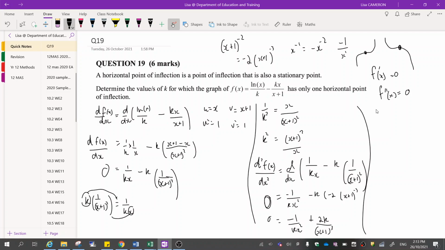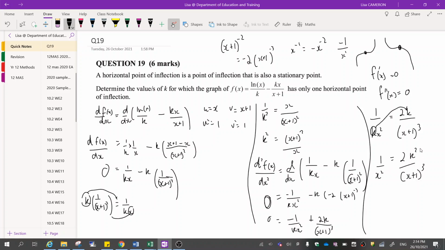So 1 over kx squared is equal to 2k over x plus 1 cubed. Okay, so I've got that as my expression at the moment. Now, if I take this k up here, that's going to make it k squared. So now I've got 1 over x squared is equal to 2k squared over x plus 1 cubed.